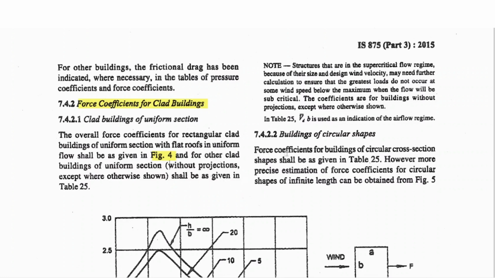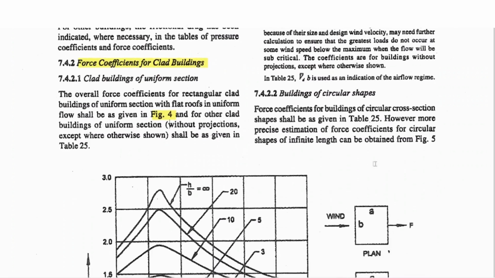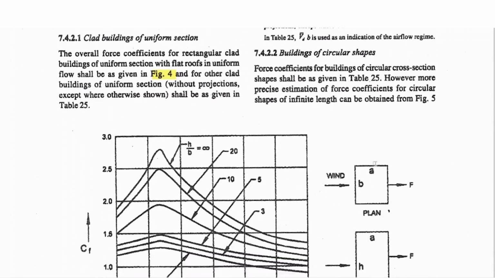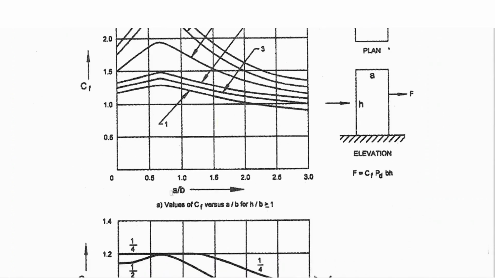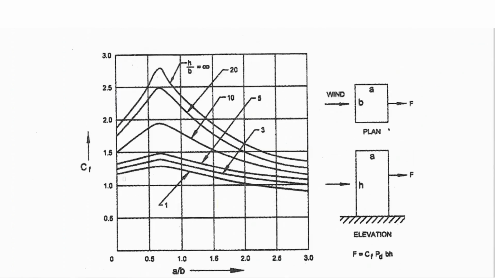And the force coefficient for a building of circular cross section shall be as given in table 25. So this is the figure which we are going to use for calculating the Cf value.